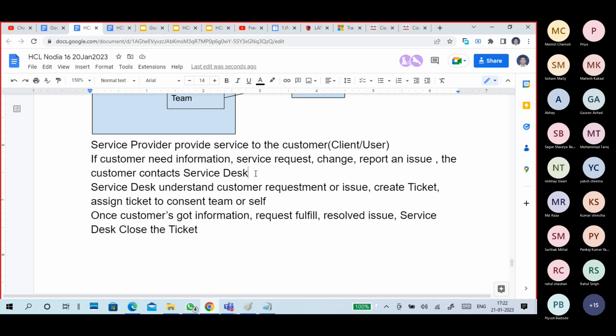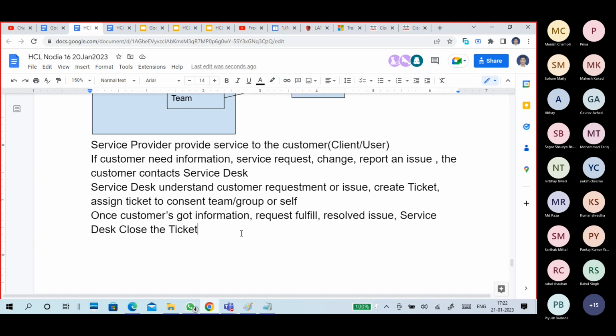Then they will create a ticket and assign it to the concerned team or group, or to themselves. Some places use the word group also. It depends upon the service desk.